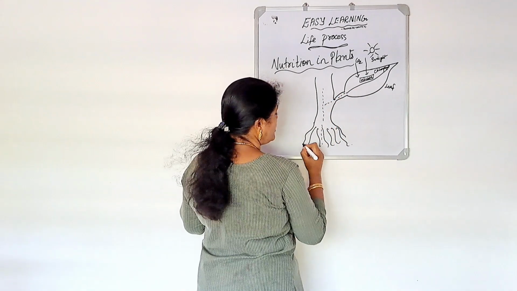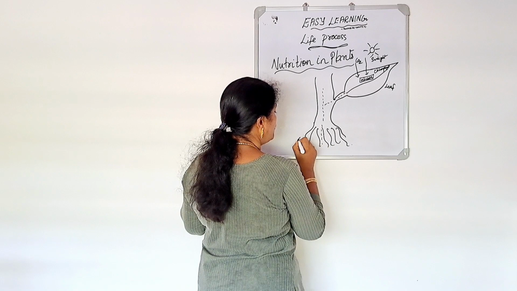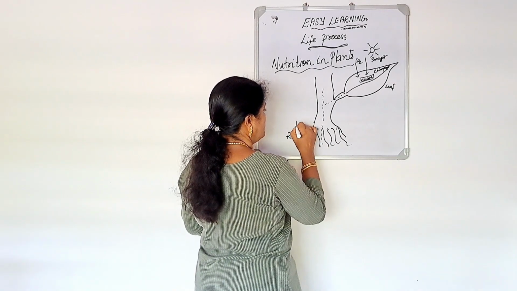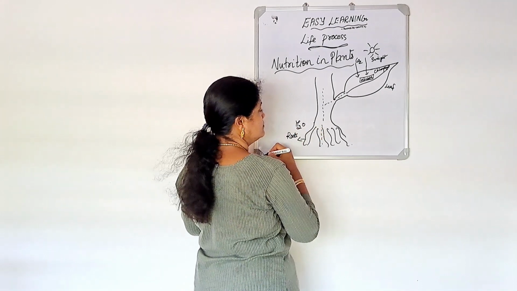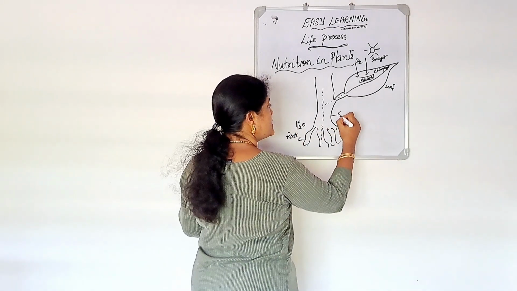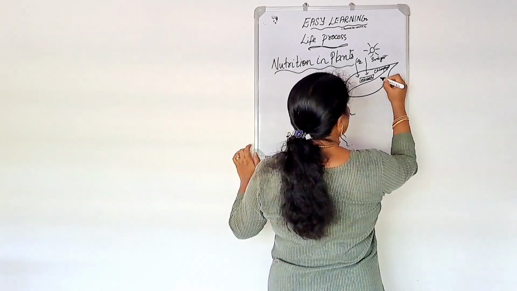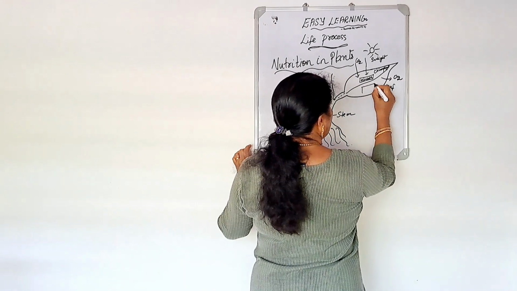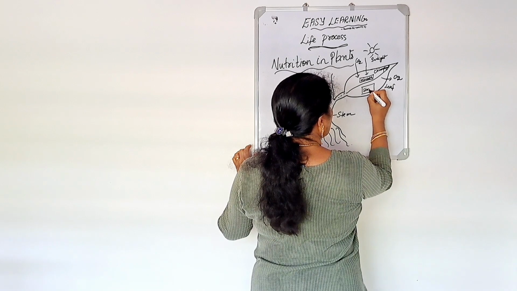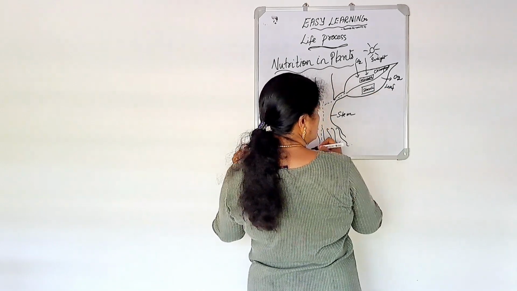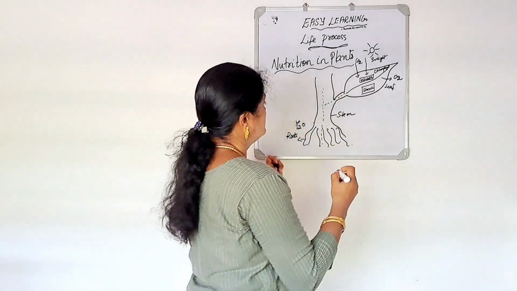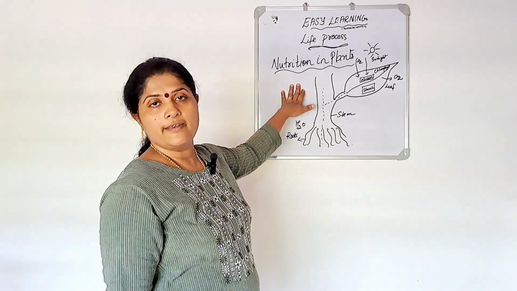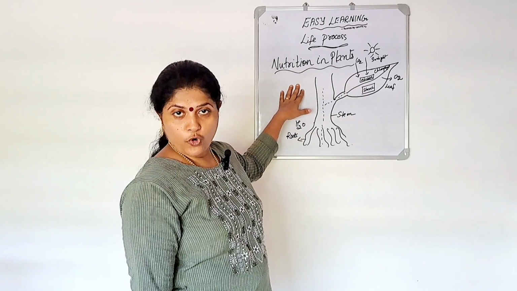Water is taken with the help of the roots. This is the stem. They release oxygen. The excess food is stored in the form of starch. So this is the diagram for the process of photosynthesis.